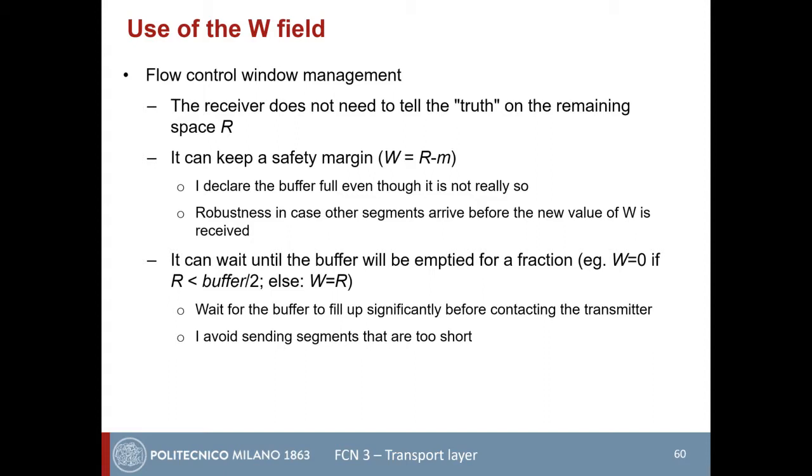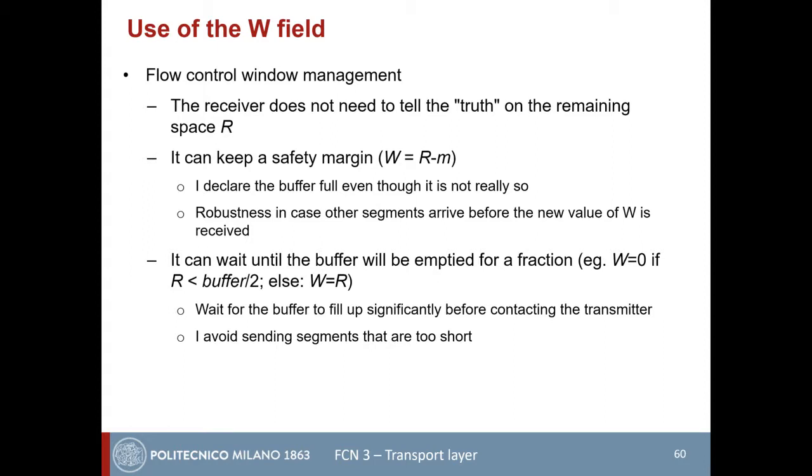So if the buffer has almost no positions or no positions at all, instead of declaring a W exactly equal to the free space in the buffer, the receiver keeps the value at 0, so it stops the sender from sending anything, waiting for the buffer to be emptied by a certain amount before allowing the transmitter to send data again.